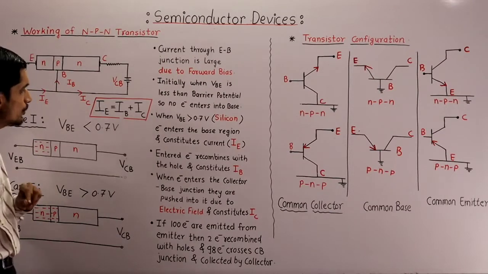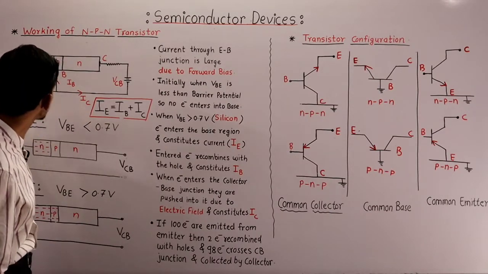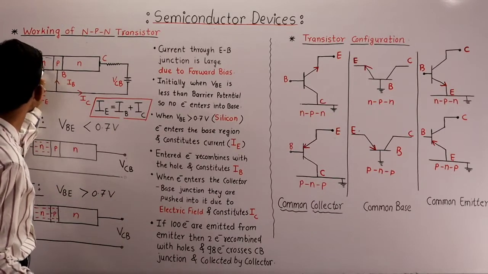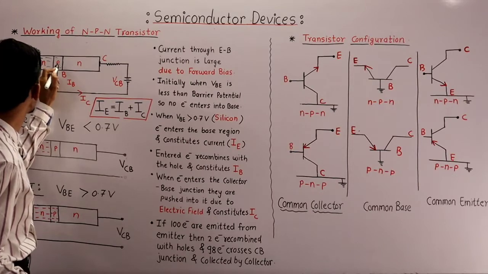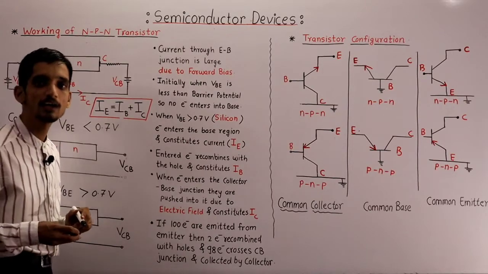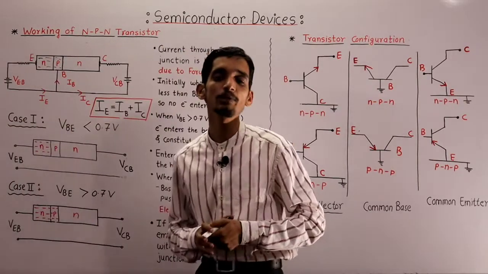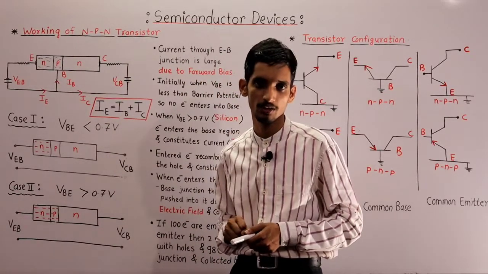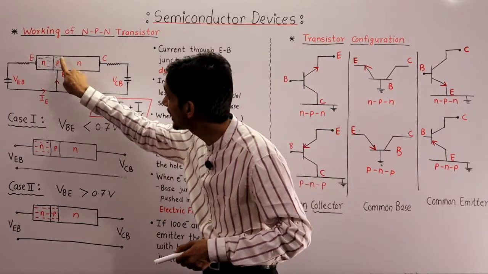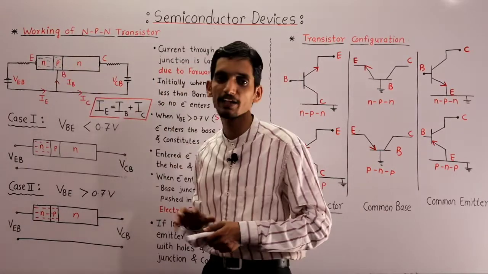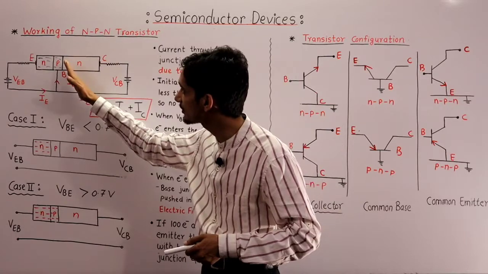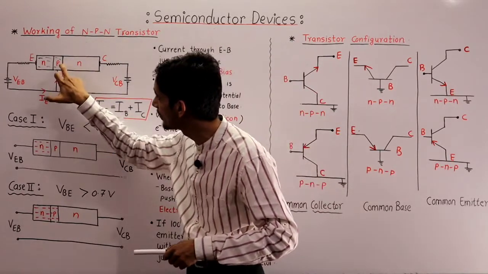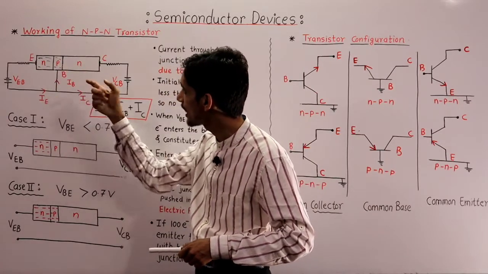Now, whenever this recombination occurs inside the base, the electrons from the n side enter into the base region, and after recombination inside the base, the remaining electrons experience a heavy electric field as they move toward the collector to base junction, and due to that heavy electric field, these electrons are attracted.